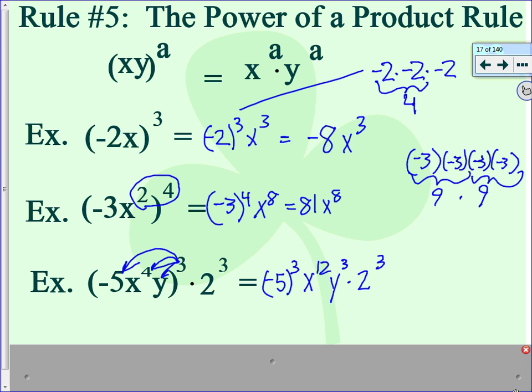Okay. Anything else I can do to simplify this? x to the 12th, y to the third.